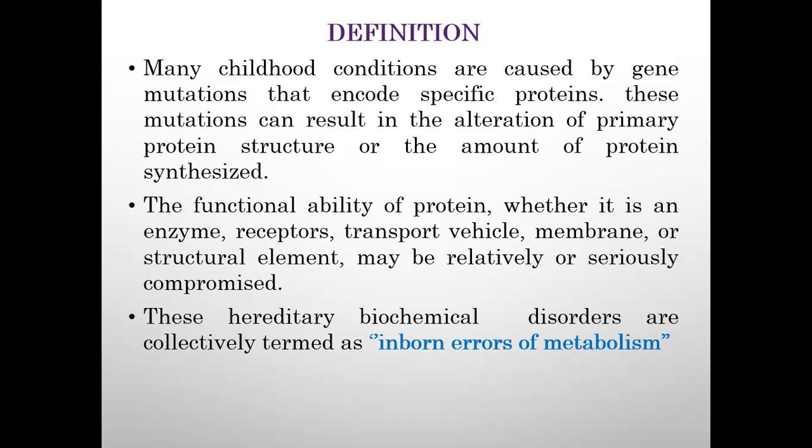So the functional ability of the protein, whether it is an enzyme, receptor, transport vehicle, membrane, or structural element, may be relatively or seriously compromised. These hereditary biochemical disorders are collectively known as inborn errors of metabolism.